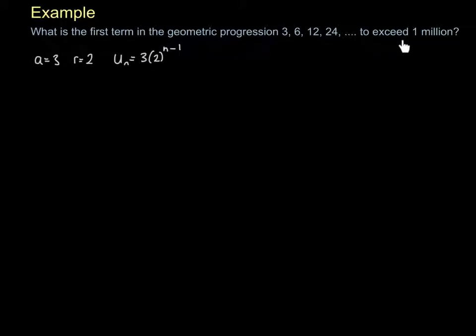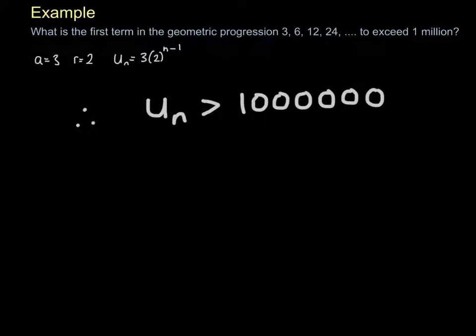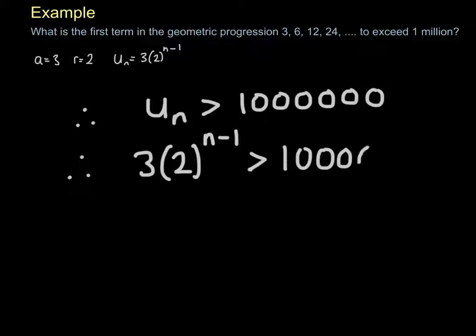So what's the first term to exceed 1 million? That means we want to find a term, an nth term, whose value is bigger than 1 million. It's the first one. Therefore, we want to find out when the nth term exceeds, so is greater than, 1 million. So we're going to work out when 3 times 2 to the power n minus 1 is greater than 1 million.